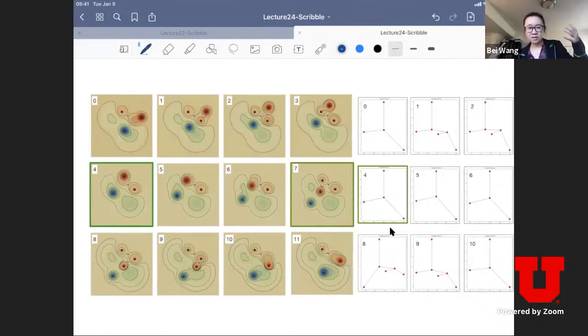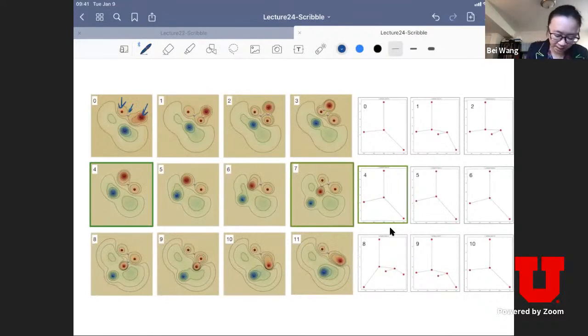Think about the valley as a lake, and the mountaintop as the tip of the mountain. What we do here is we are only focusing on the merge tree of minus f, which means it's actually the merge tree of the inverted function. So the leaves of my merge tree are my local maxima. In this case, I have a local maximum here, a local maximum here, and a saddle here.